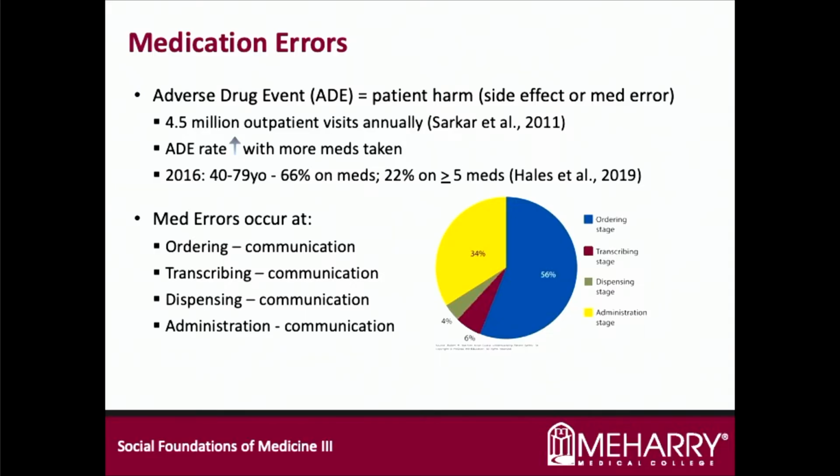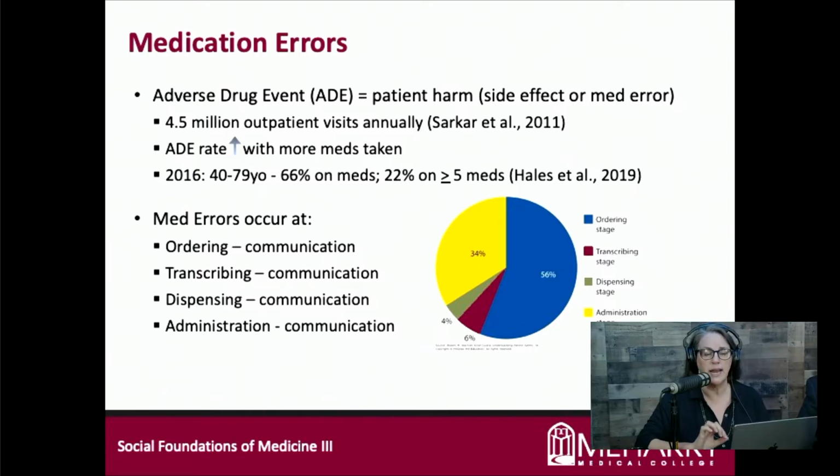In considering medication errors, we often in medical training think about medication errors in a hospital, but I think we really need to consider the outpatient world, which is where most of our patients are going to have the majority of their care. And it is worth noting first, let's talk adverse drug events.